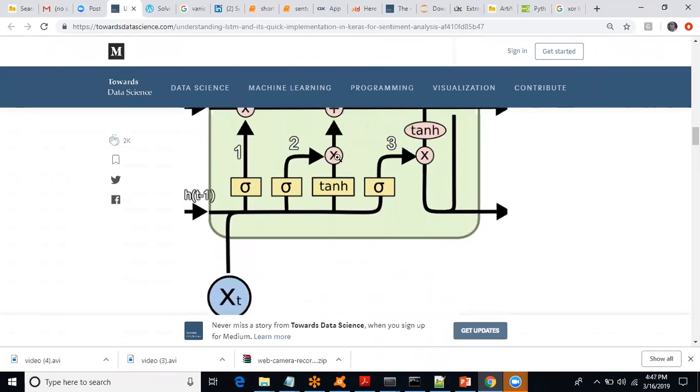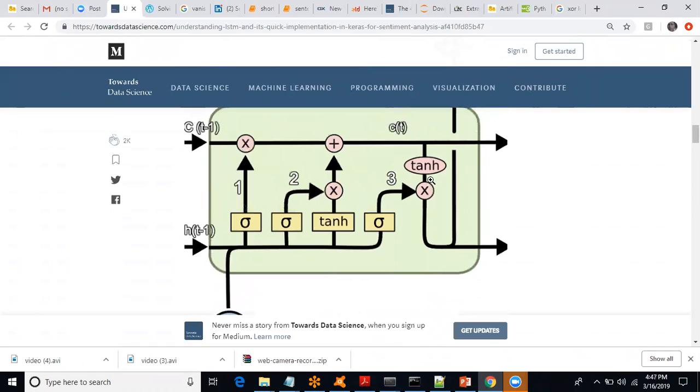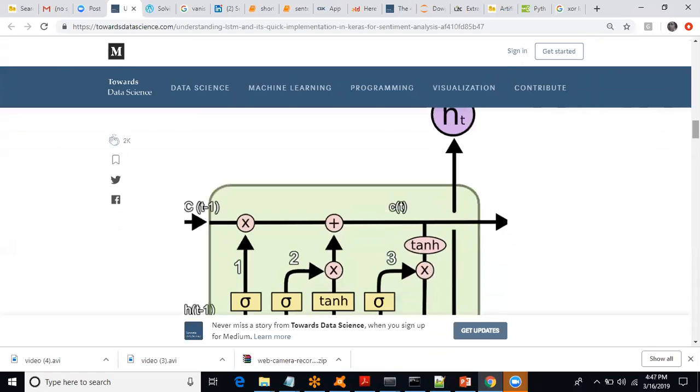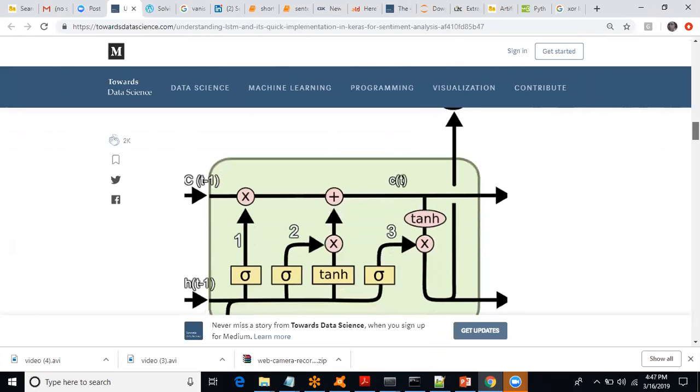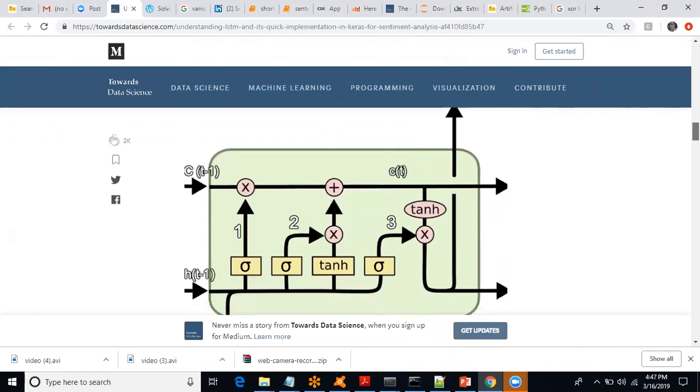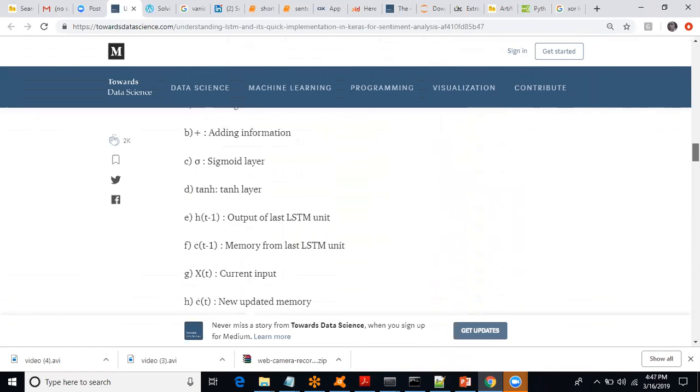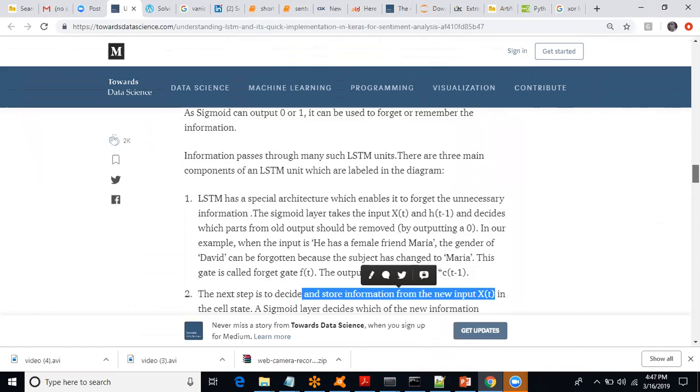Out of this new information, which should be passed to form the current output h of t? You may get multiple pieces of valid information, so which one are you going to put into your output?